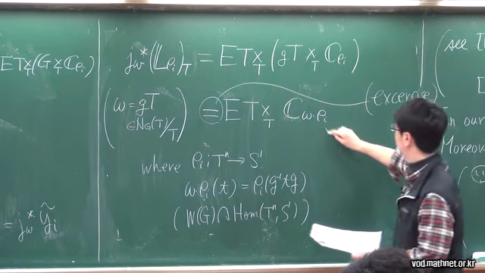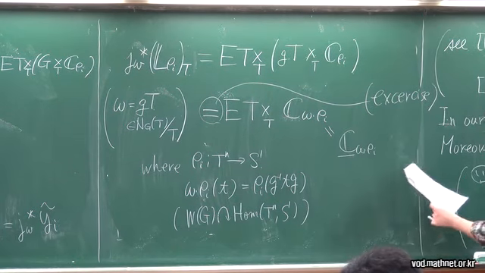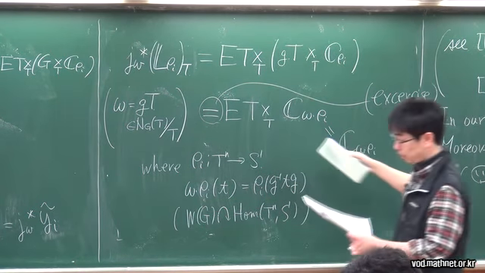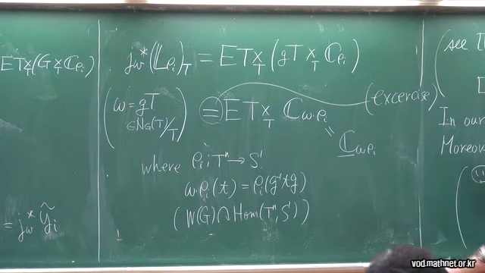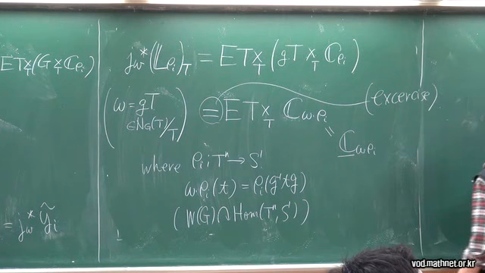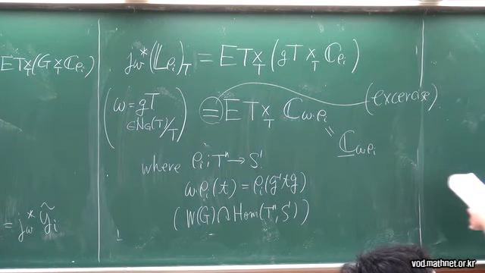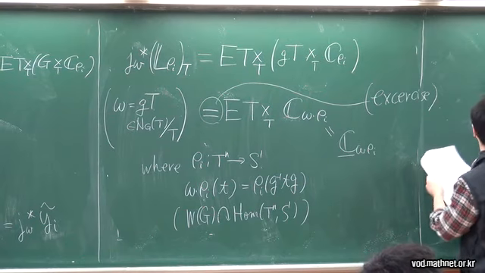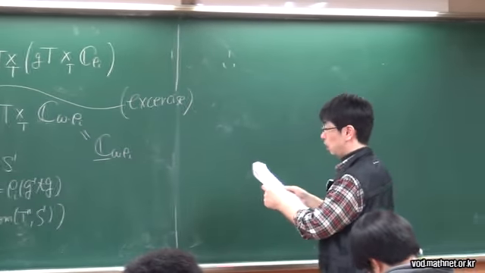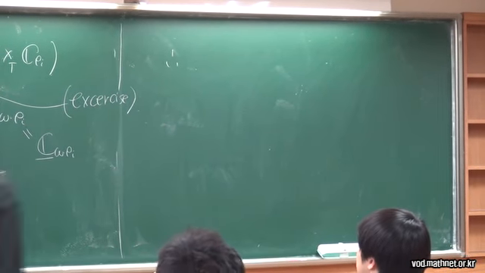And let's say this is C bar W rho I. Then we see that this JW star L rho I T is C bar W rho I. Therefore, what we know is this kind of thing. Now, just JW star rho ITI.